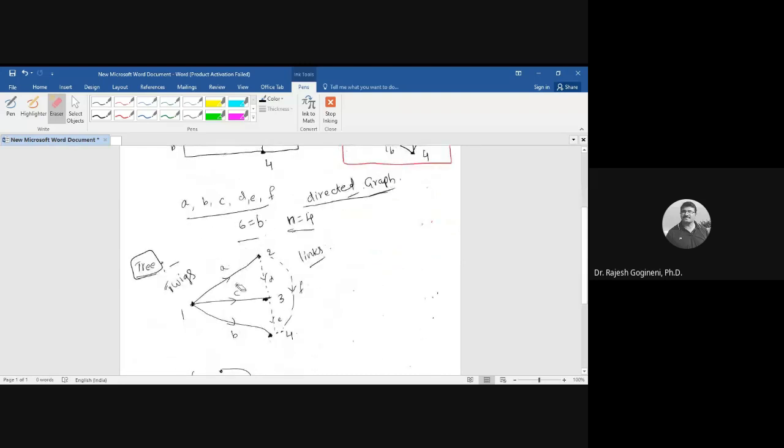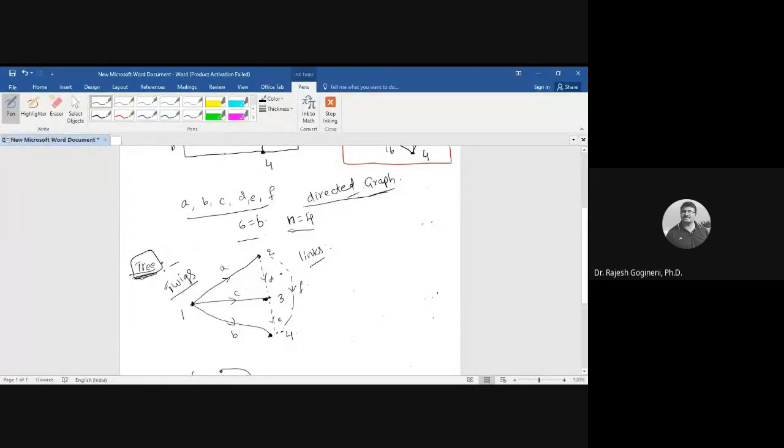For a directed graph, if we draw a subgraph which consists of all the nodes present in our original graph but has no closed loop, that is called a tree. In the tree, the branches are called twigs.